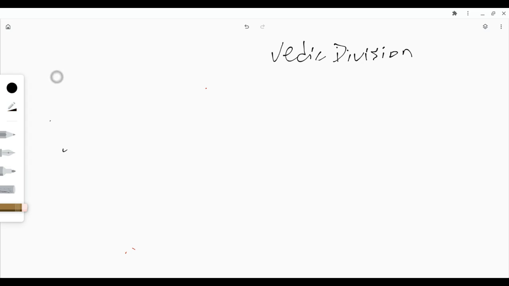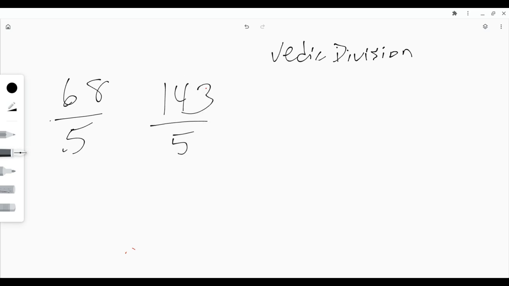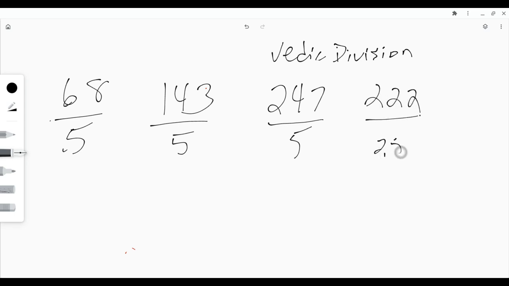Okay. Let me change colors back to black here. Okay. So if I have 68 divided by 5, if I have 143 divided by 5, if I have 247 divided by 5, if I have, let's do a 25, let's do a 222 divided by 25.